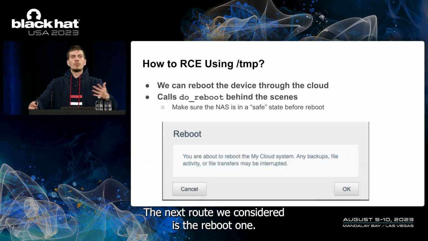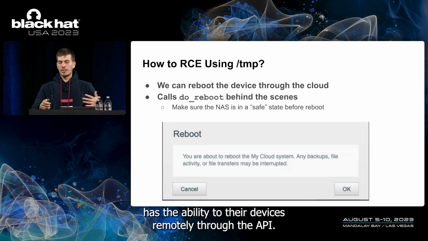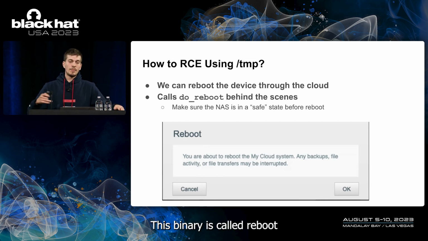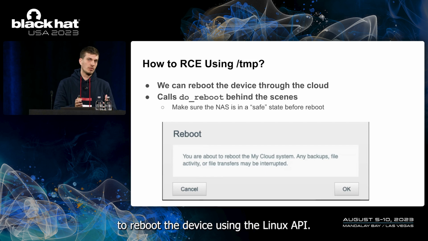The next route we considered is the reboot one. I already told you that any authenticated user has the ability to reboot their devices remotely through the API. And so we researched the binary that is responsible for this behind the scenes. This binary is called do-reboot, and it has very simple logic to reboot the device using the Linux API.